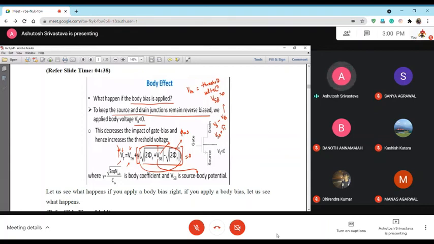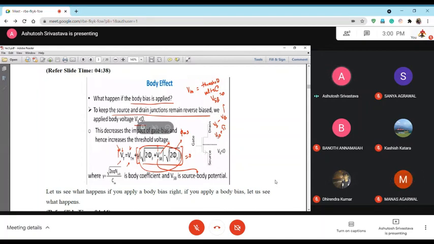So I did ask you what different methods can be used to change or manipulate the threshold voltage. If you knew this in detail before, then you must have written it in the exam. Otherwise, please note it down.